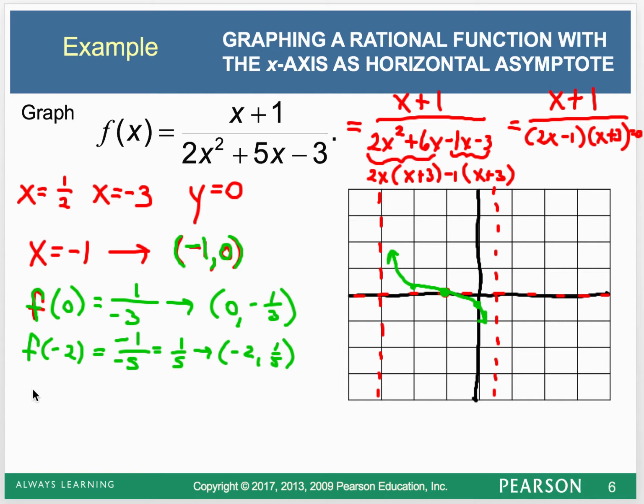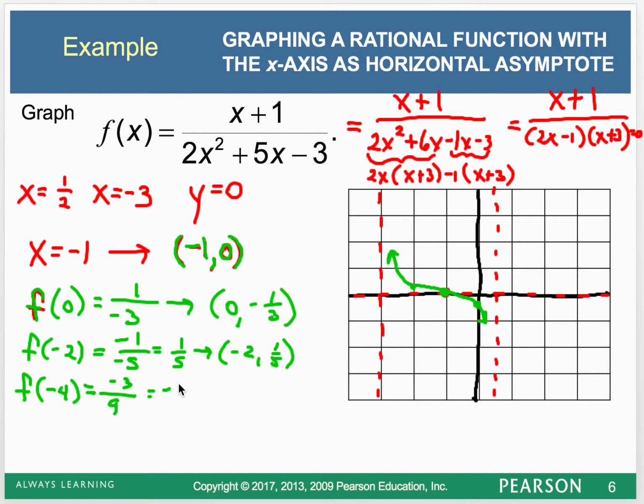1, 2, 3, 4. So let's do f of negative 4. Negative 4 plus 1 is negative 3. Okay, negative 4 squared is 16 times 2, 32, minus 20. So that's 12 minus 3. 12 minus 3 is 9.